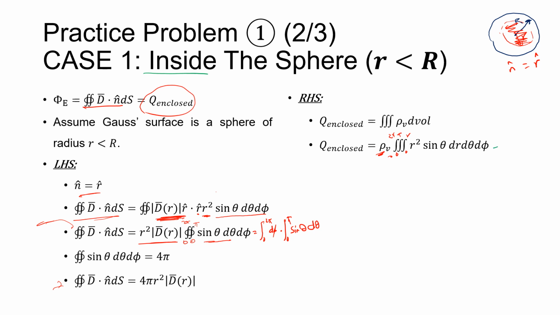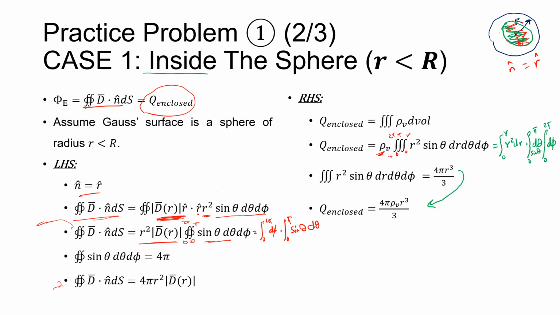This is from 0 to r, r squared dr, from 0 to pi sine theta d theta, and finally from 0 to 2 pi d phi. This is also a very simple integration, just don't forget sine theta. Once you do this, you will get 4 pi r cubed over 3, which is just the volume of the sphere, this small sphere here. Finally, Q enclosed equals 4 pi rho v r cubed over 3, because we don't want to forget rho v here.